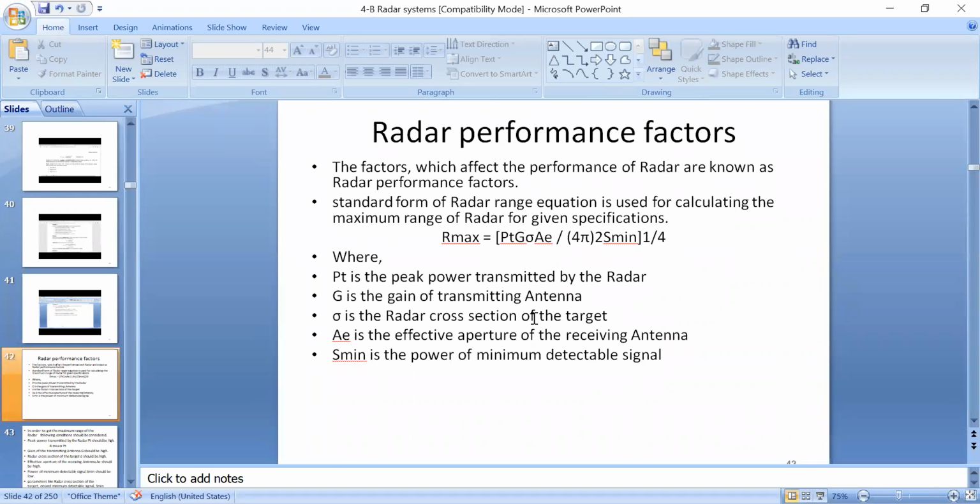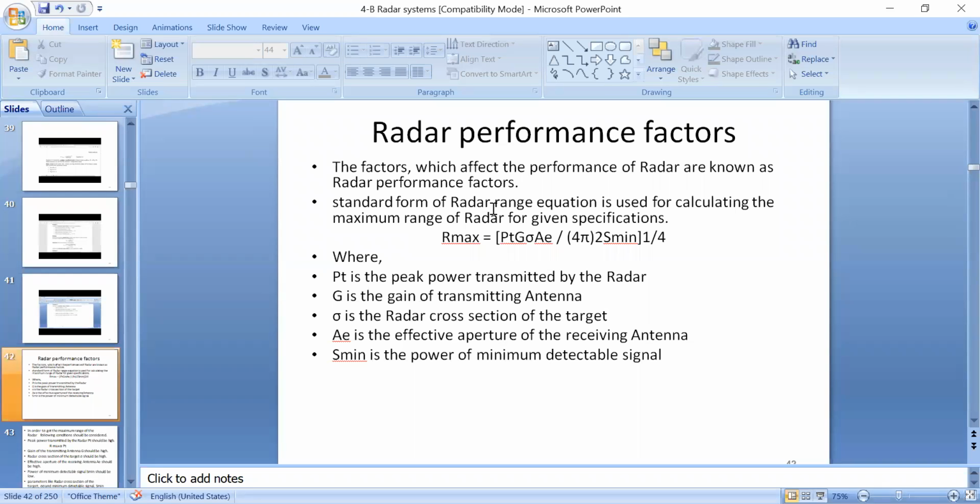How many types do we have in radar range equation? Basically we have the standard form of radar range equation and modified forms of radar range equation. The standard form is what we derived by considering those assumptions.